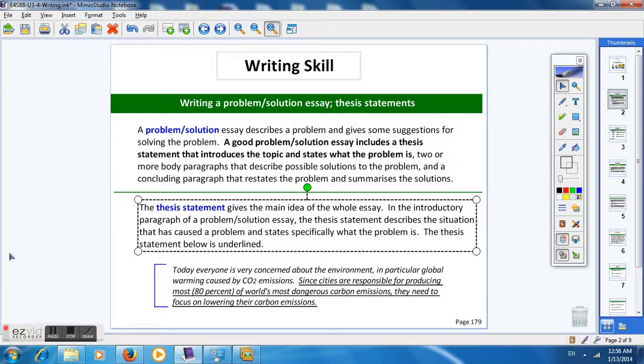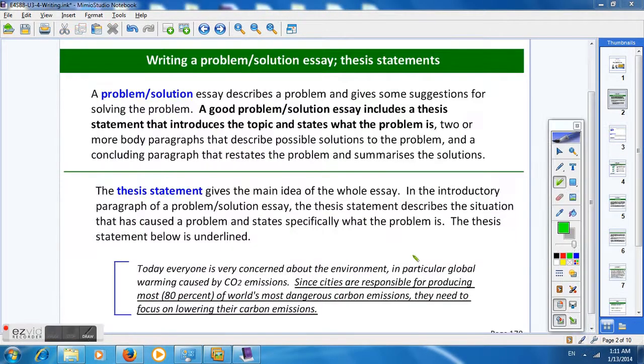So the thesis statement gives the main idea of the whole essay. In the introductory paragraph of a problem solution essay, the thesis statement describes the situation that has caused the problem and states specifically what the problem is. The thesis statement below is underlined. Allow me to read to you the thesis statement.